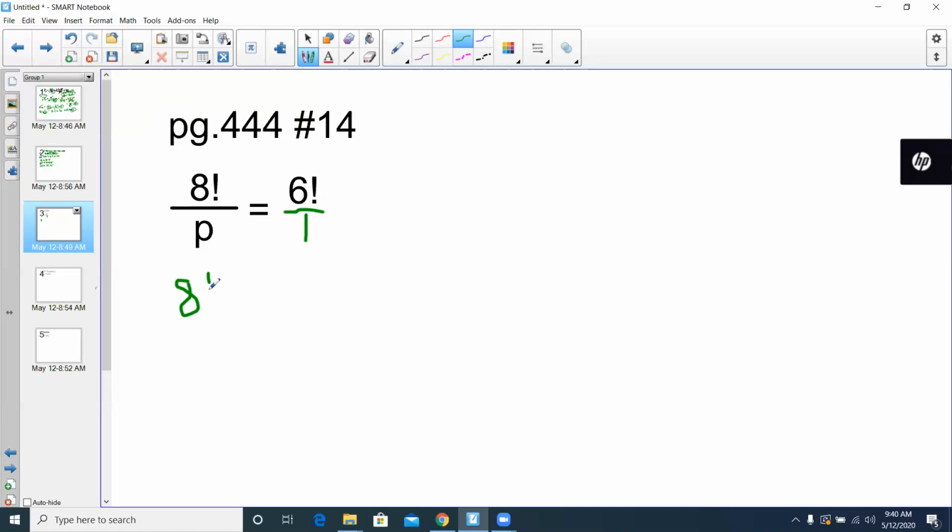Let's do 8 factorial equals, and then cross multiply here. This will be 6 factorial times p, and we're going to solve for p.